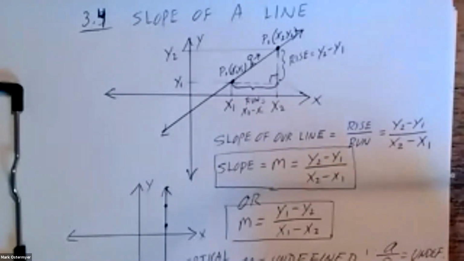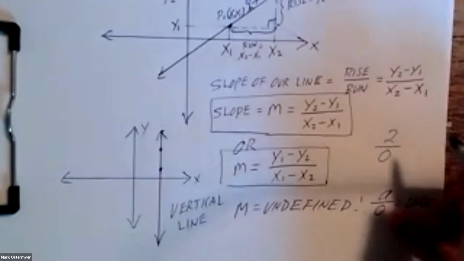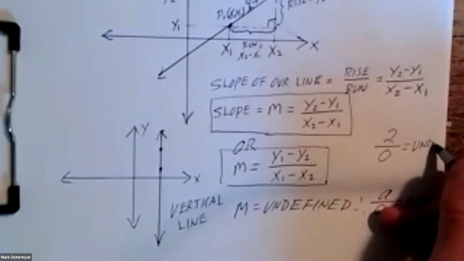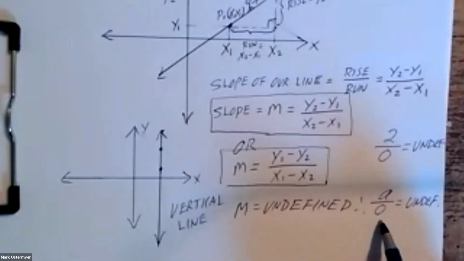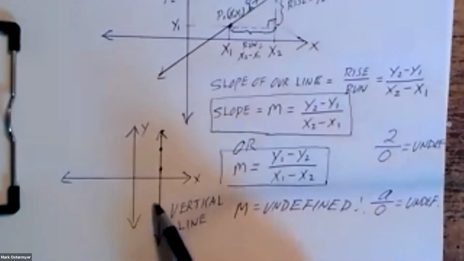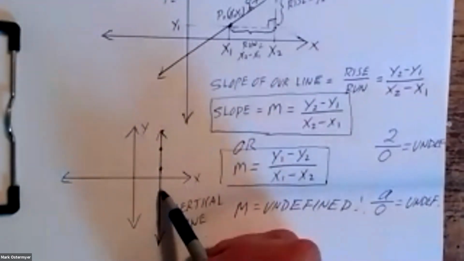No, what's anything divided by 0? Not 0. I didn't say 0 divided by some number. I said a number divided by 0. It's undefined.